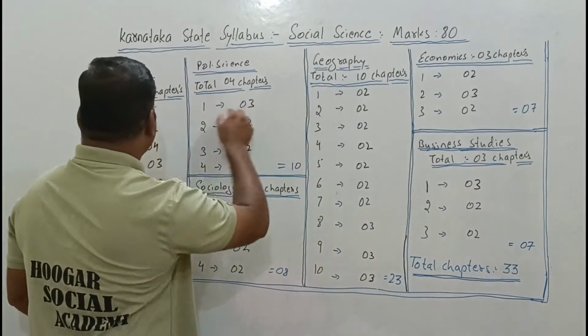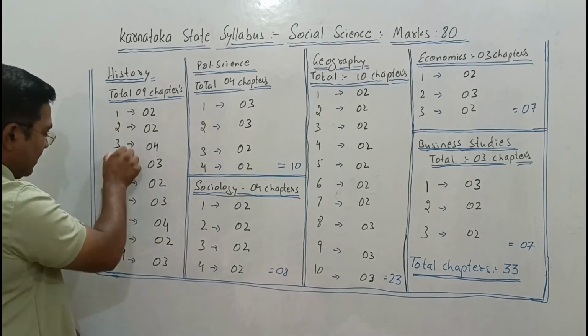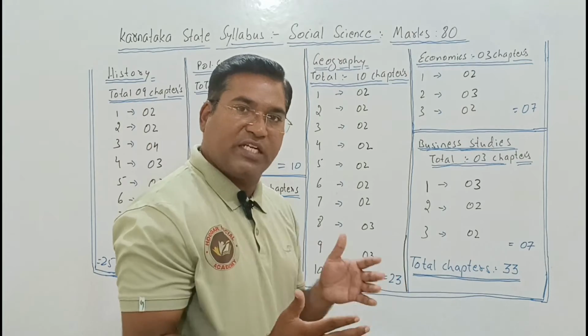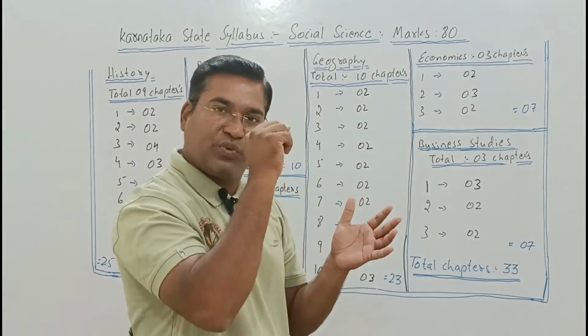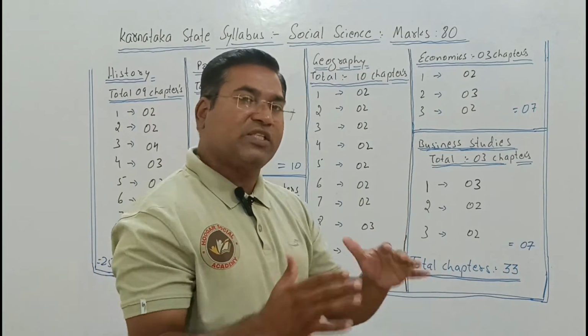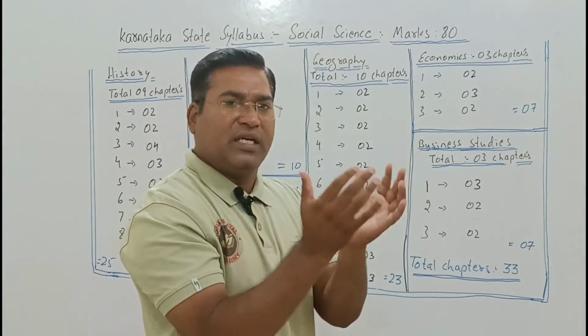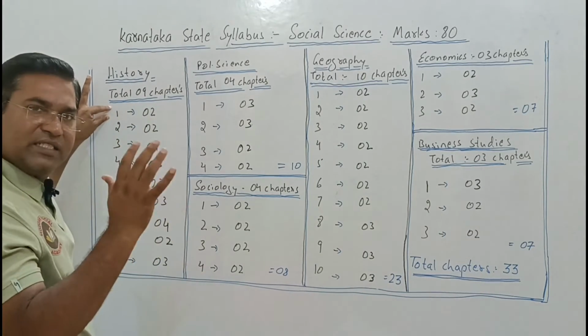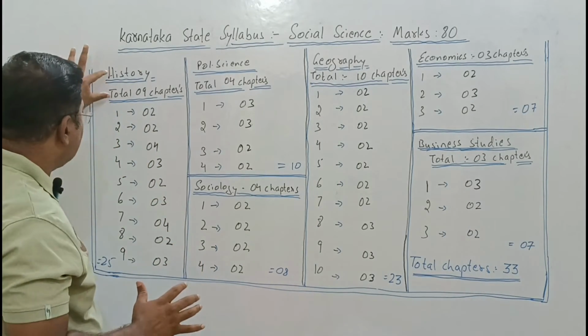Okay, so these marks 1, 2, 3, 4 are nothing but chapters. I have written it this way because all 33 chapters with their titles could not be written on this whole board, so to make it a little easier, I used one to denote a chapter.